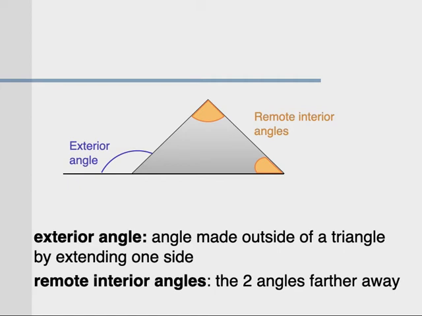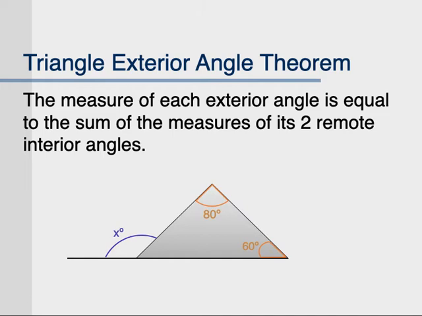Those 2 definitions are especially important because now you're going to go back to your Postlet paper for Chapter 3, and there's a theorem all about interior and exterior angles called the triangle exterior angle theorem. This theorem says that the measure of each exterior angle is equal to the sum of the measures of its 2 remote interior angles.